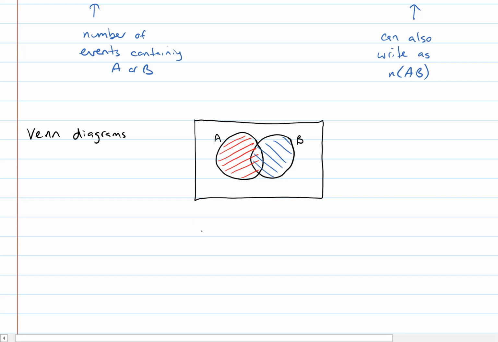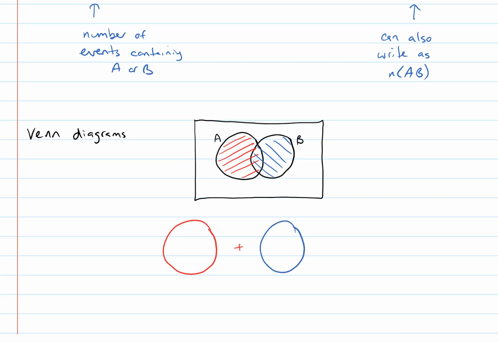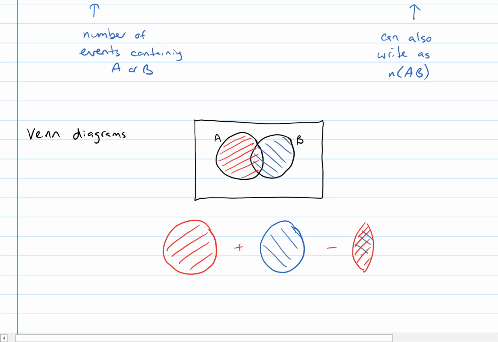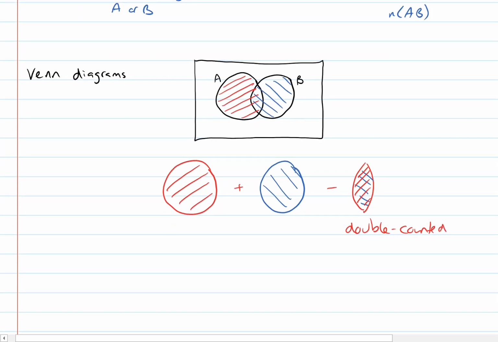And so you could say that it's equal to the big circle of A plus the big circle of B minus that little overlap there. Actually, let's do that. We fill all the stuff in, minus the overlap, which has been double counted. And so that's the addition rule.